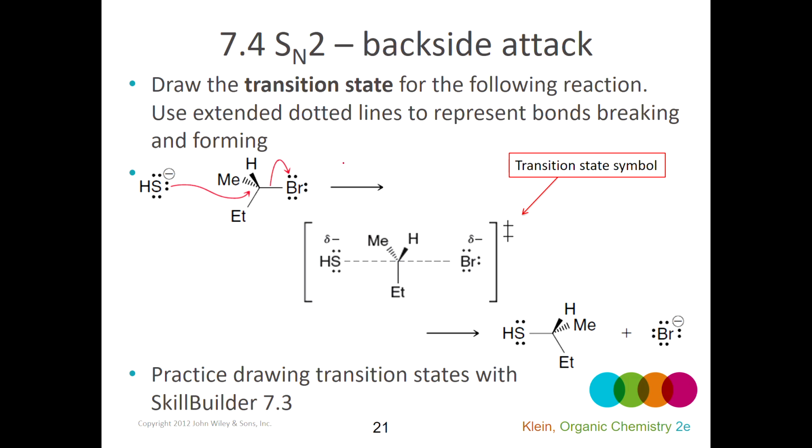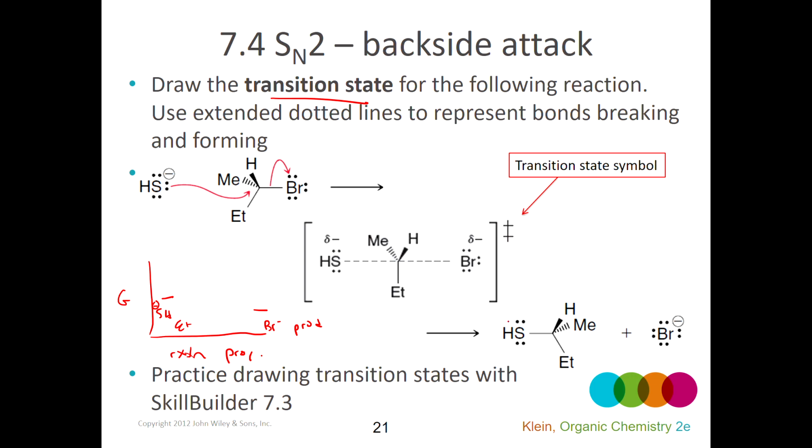So remember we said the transition state is the highest point in this energy diagram. So if we looked at free energy over the reaction progress, here's my reactants, the SH minus and the electrophile. Here's my products, the Br minus and the resulting substitution product.